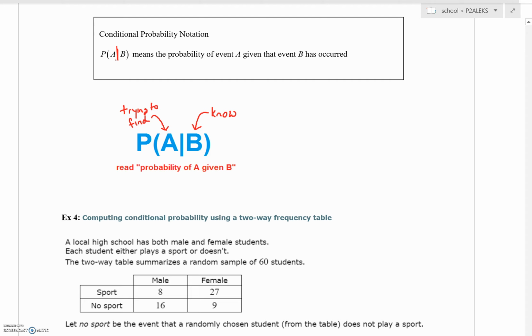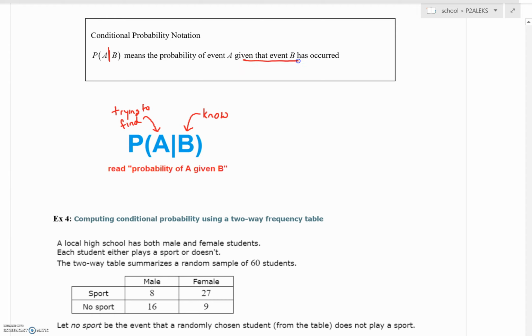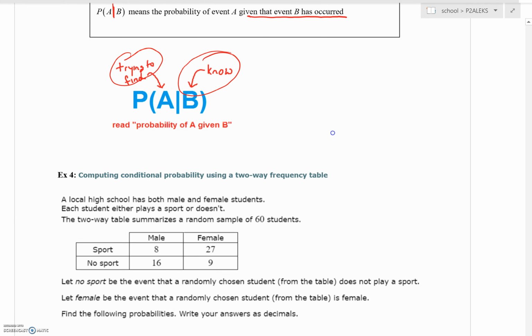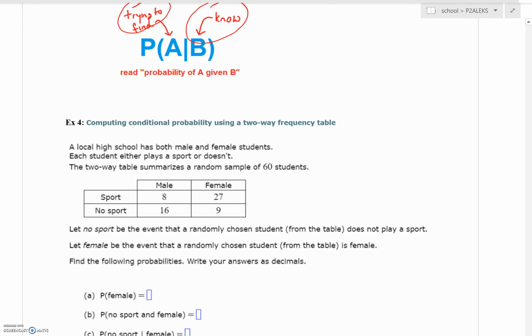It means you're asked to find the probability of event A given that event B has occurred. So the first thing you can see, that's what we're trying to find. After the bar is what you know has happened. And when you know something has happened, it's going to limit your table. You won't have everybody in the table. You'll just have a little part of it.